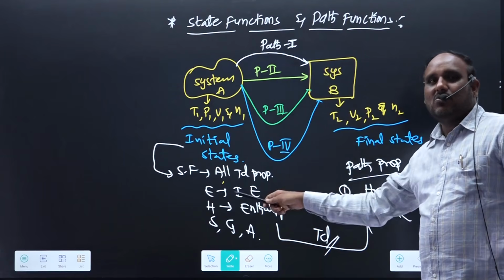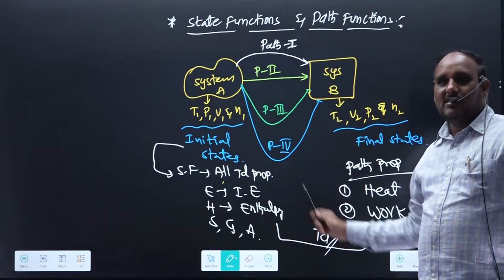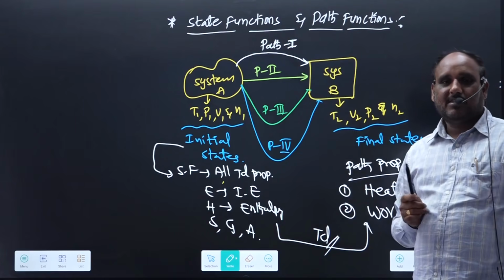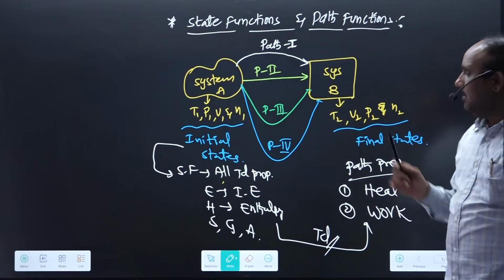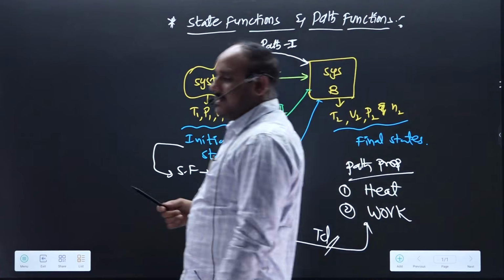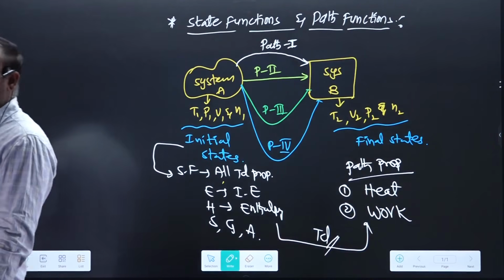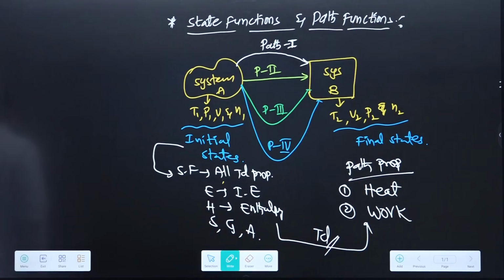How are these correlated with each other? That is called thermodynamics. We give the relationship between the state functions and path functions, which is called thermodynamics. With the help of this only we are able to get the information we discussed in the importance of thermodynamics, from the relations between these.